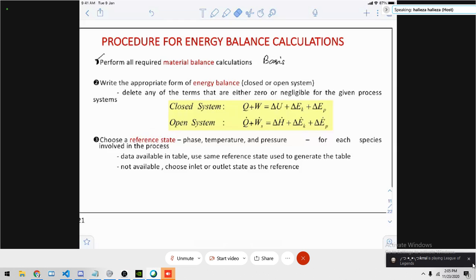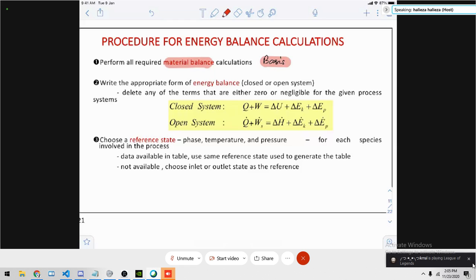We have done a few examples before this where we used this procedure, but I did not go through it step by step. So the first step is you do the material balance, and you have to write your basis. I did mention this last time.